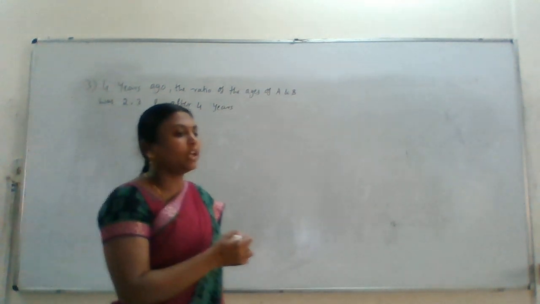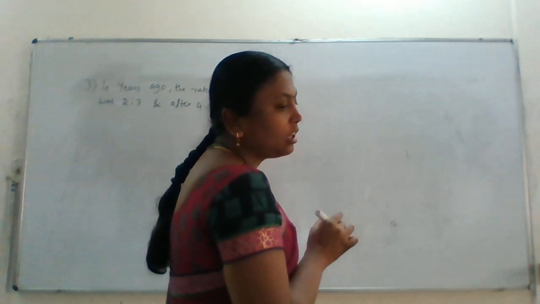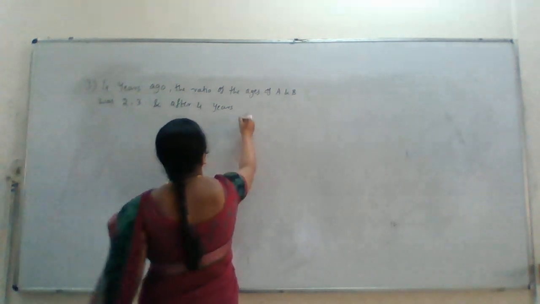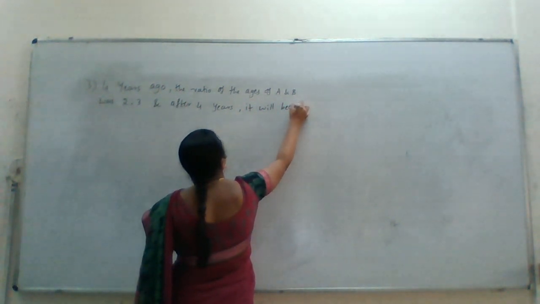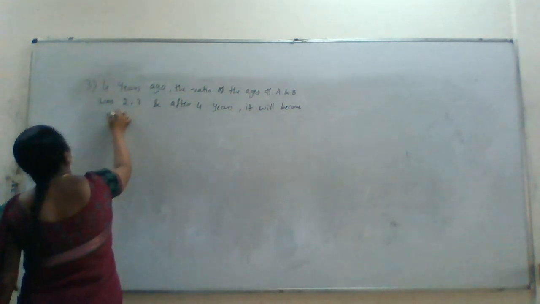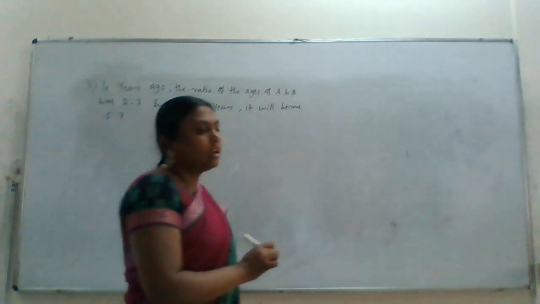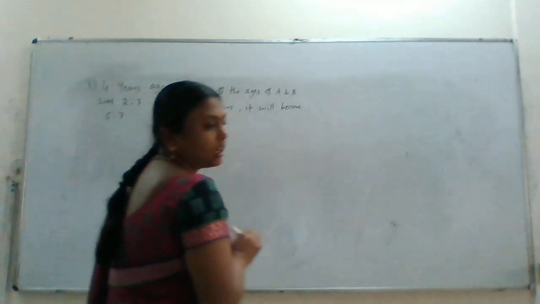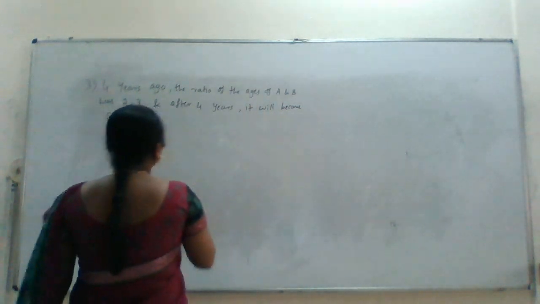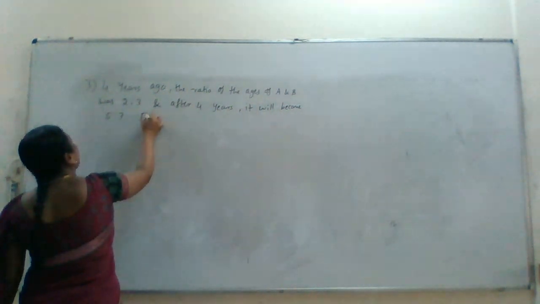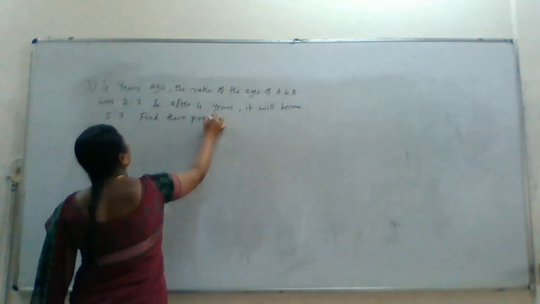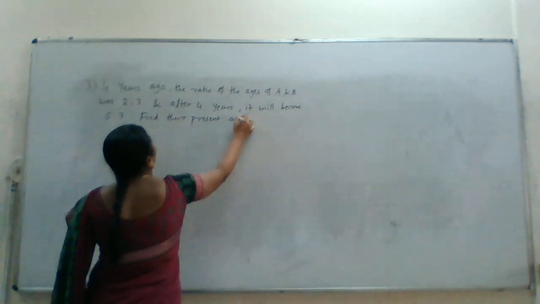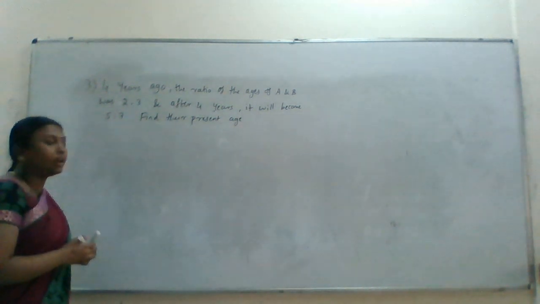And after 4 years, it will become 5 is to 7. Find their present ages.